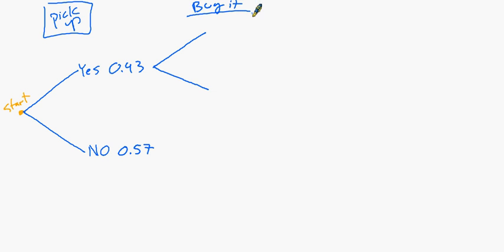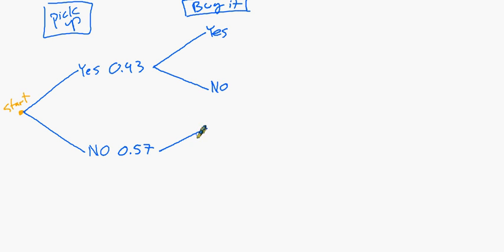Did they buy it? I guess this is a box. And either yes, they bought it, or no, they didn't buy it. Is it always two? It doesn't have to be two branches. We did some examples in which they weren't two branches, I think, before.